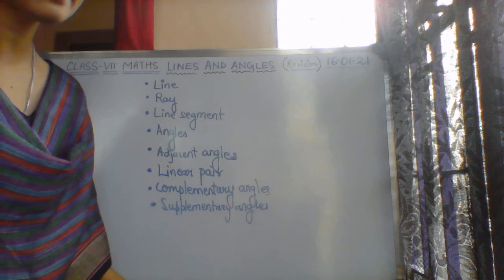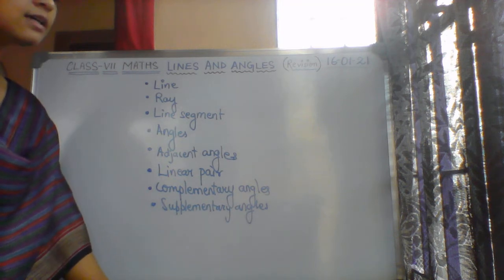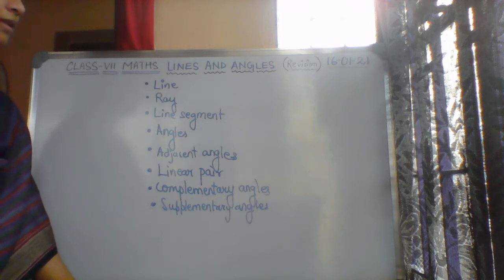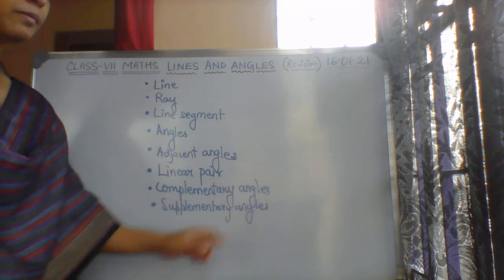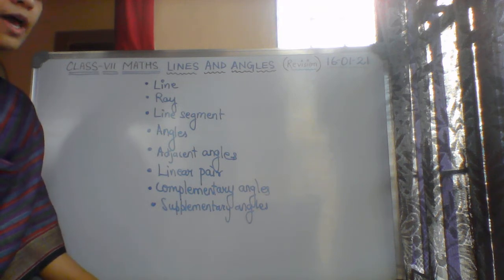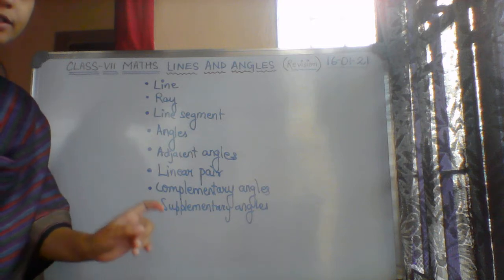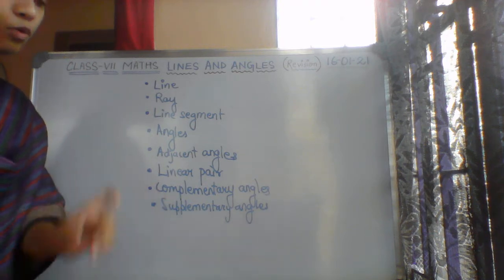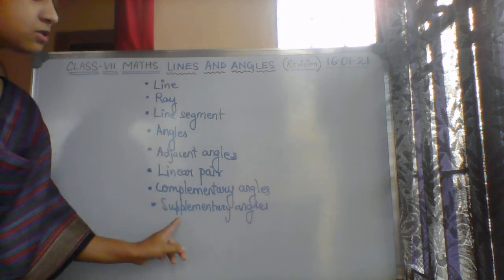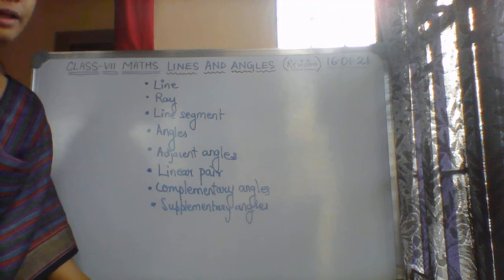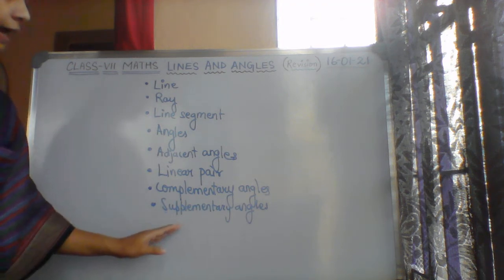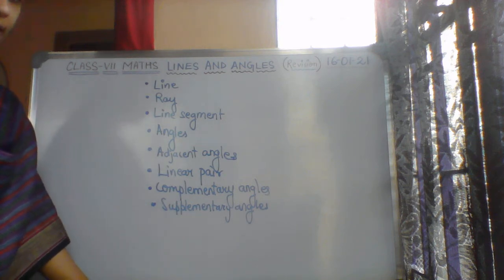If we have two angles and if we add the measurement of those two angles, and it is coming 90 degrees, then both the angles we call complementary angles. Similarly, if we add the measurement of both the angles and it is coming 180 degrees, then those two angles we call supplementary angles. So complementary value will be 90 degrees and supplementary value will be 180 degrees.